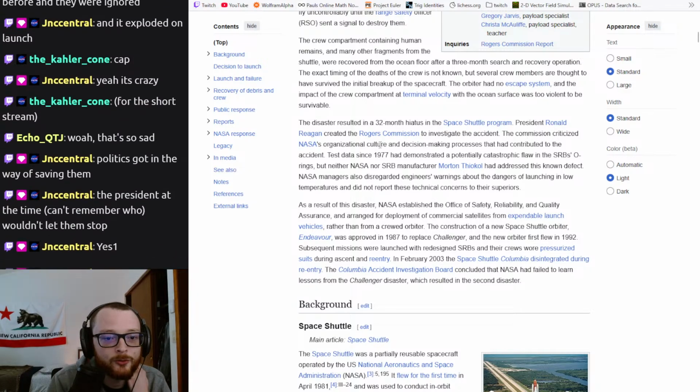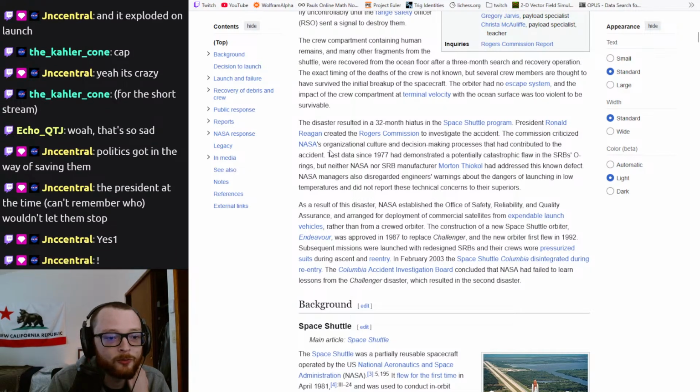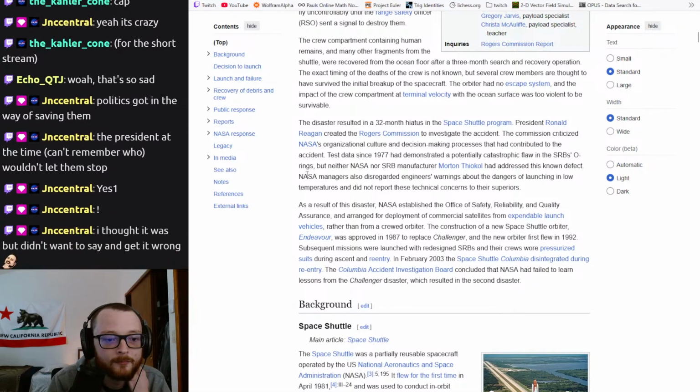Criticized NASA's organizational structure, decision-making process contributed to the accident. NASA managers disregarded engineers' warnings.